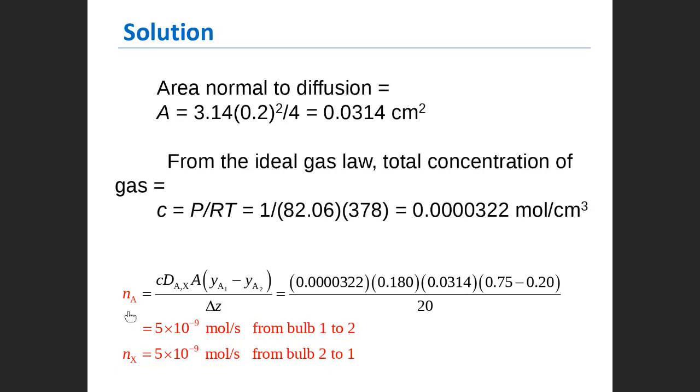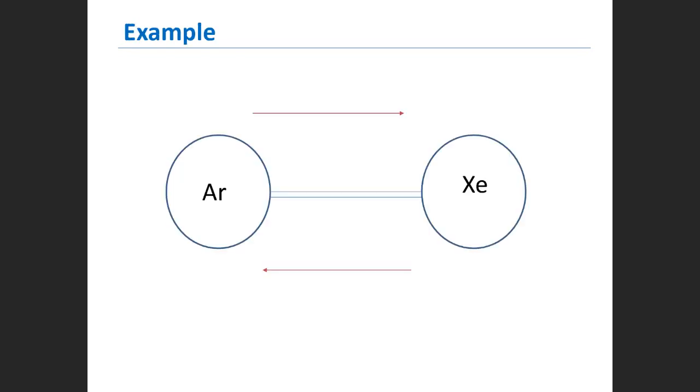Actually, here you should pay attention to which area we are implying. The area is defined for you. You see, A equals 3.14 times 0.2 squared divided by 4. What is this area here? Of the tube. It is the tube, yeah. Okay, but is it the whole tube or part of the tube?